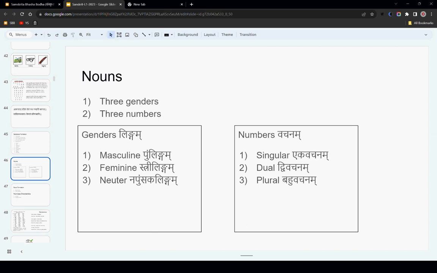In English we saw only 2, singular and plural, but in Sanskritam there are 3 numbers: singular, dual and plural. Singular is called Ekavachanam, dual is called Dvivachanam, plural is called Bahuvachanam. So a noun can have 3 forms in these 3 different numbers. We'll see some examples again later.